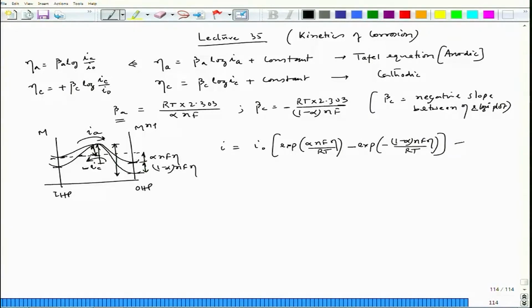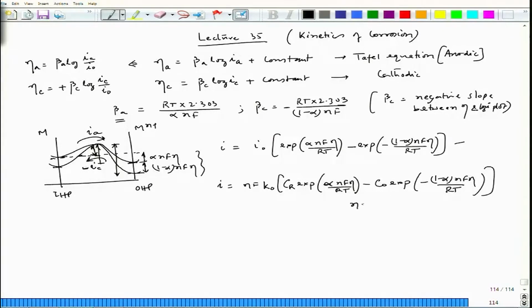Now, there is one more form, which is I equal to N F K0 concentration of oxidant, exponential minus alpha N F. If we consider it the way we considered here, I can write it in a similar fashion, where this one should be C R, then it would be alpha N F eta by R T minus C O exponential minus 1 minus alpha N F eta by R T, where this eta was taken as E minus E0.